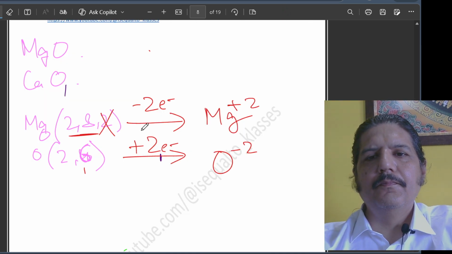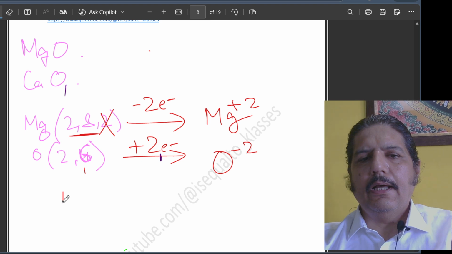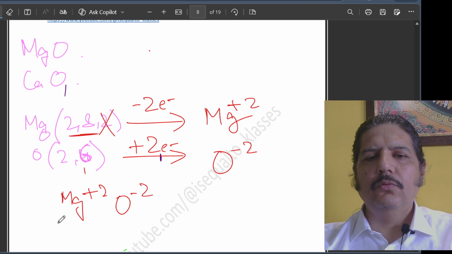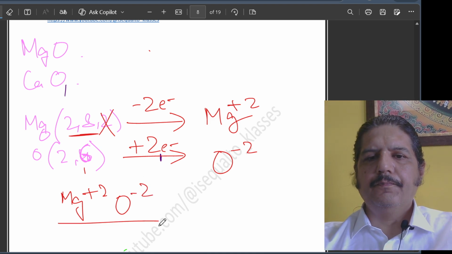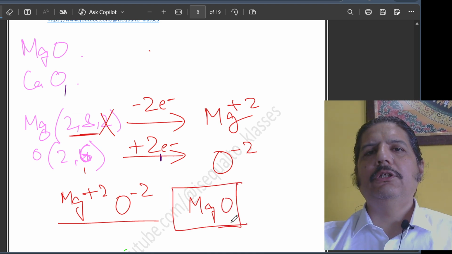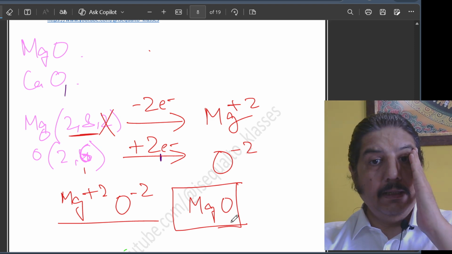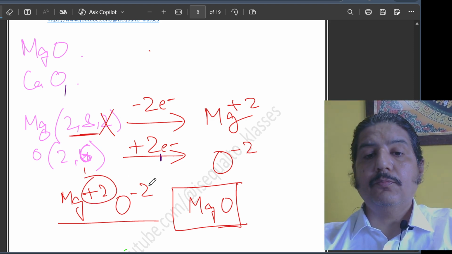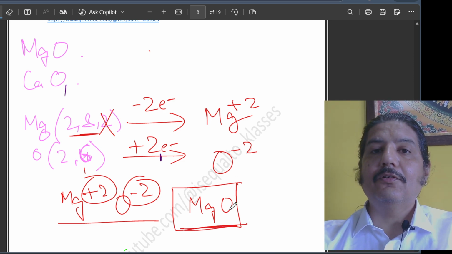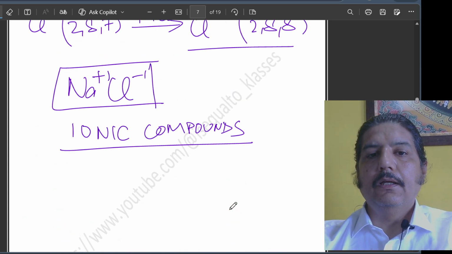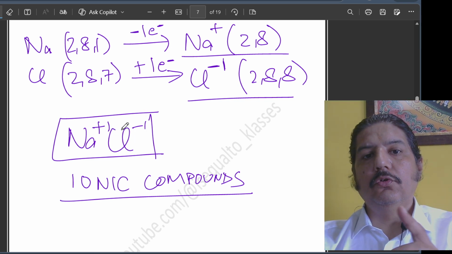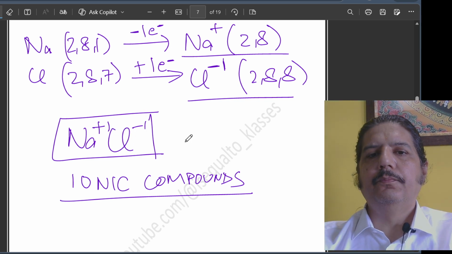So again, Mg+2, oxygen -2, opposite charges attract each other and become an ionic compound, MgO. Because it is plus 2 and minus 2, both these charges have cancelled. That is why magnesium oxide will have no charge. NaCl is plus 1, minus 1, so the net charge would be 0.